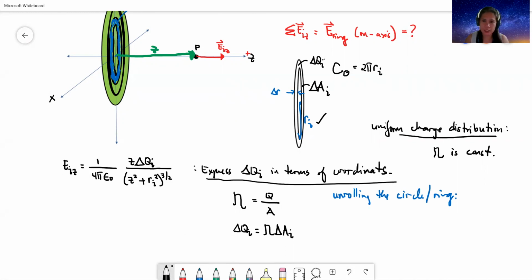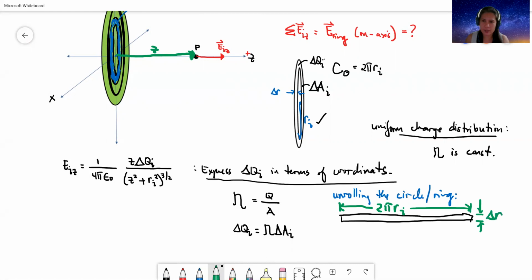This ring here, we unroll it, and the length is of course the circumference, that's just 2 pi r sub I, the length of your rectangular strip. And then the width is your delta R as defined earlier here.